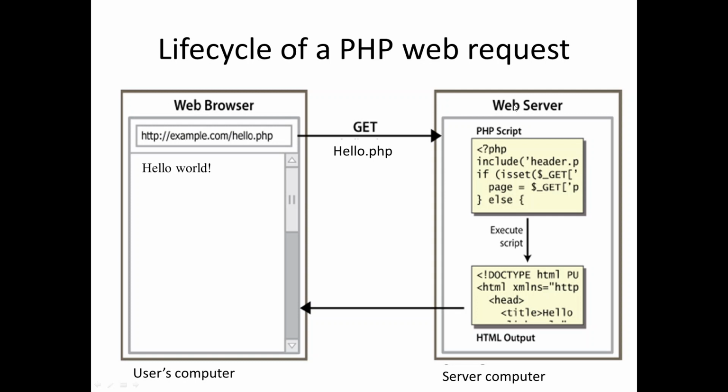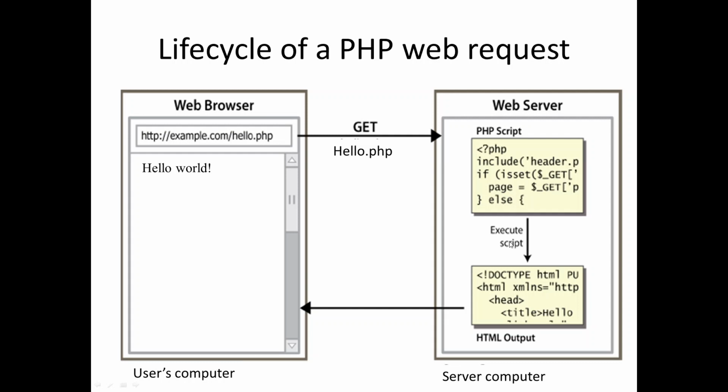The web server will find that PHP file from its file system, and before it takes its content and puts it into the HTTP response, it does one more step. It runs the PHP preprocessor, the PHP interpreter, on that particular script, right?